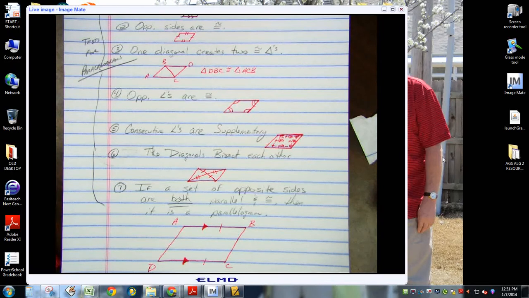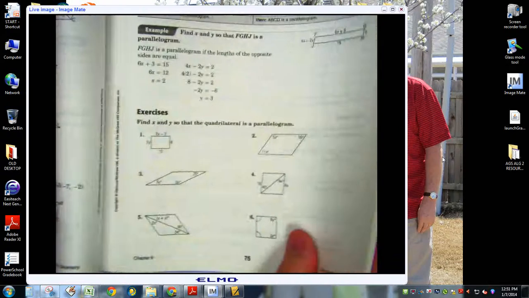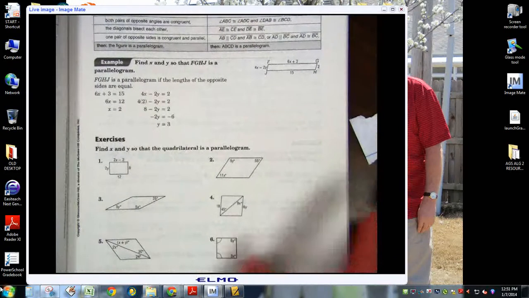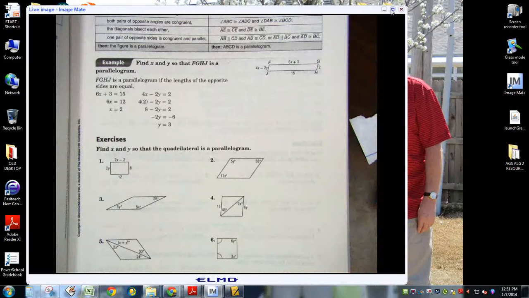Yes. Okay. I want you to look at the directions on page 75. Darn it, I forgot to make it full screen again.